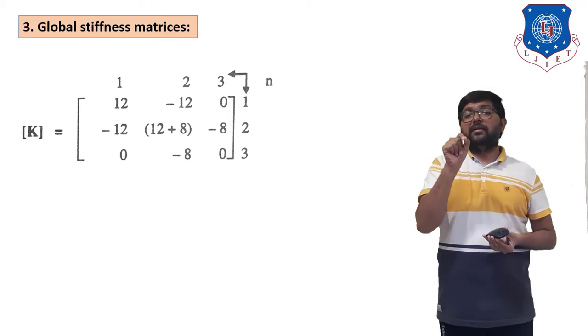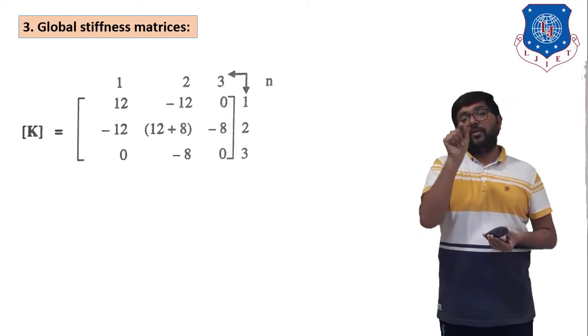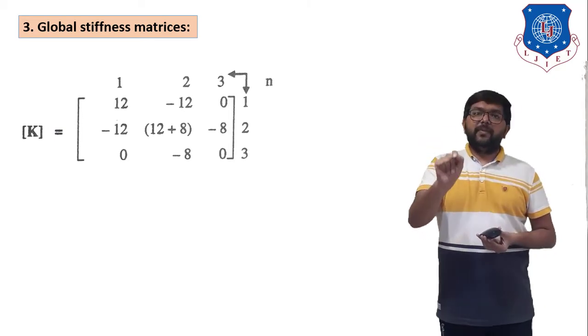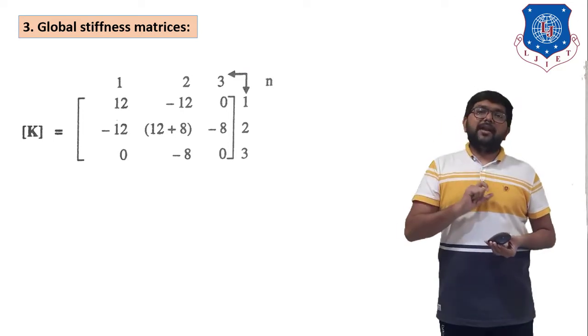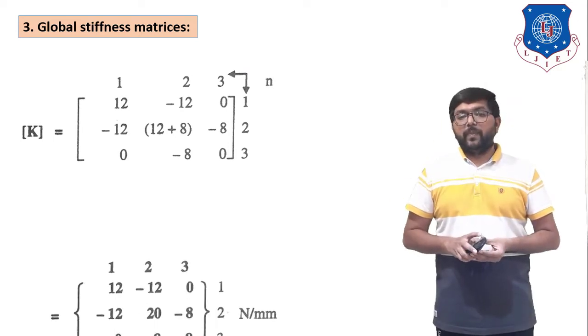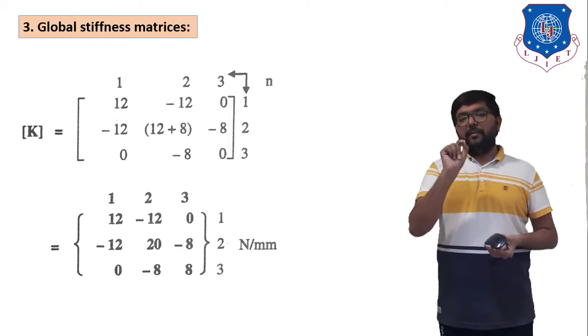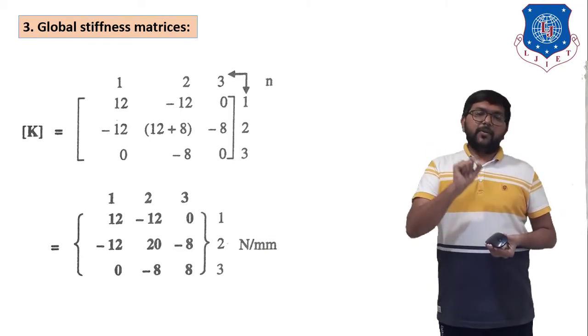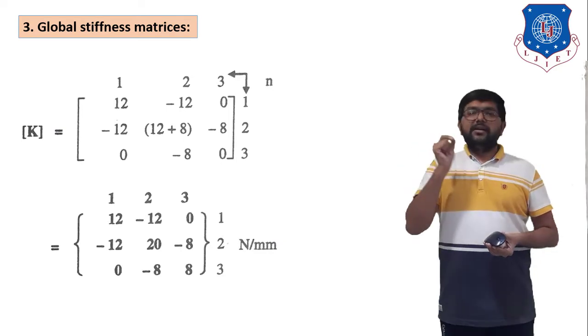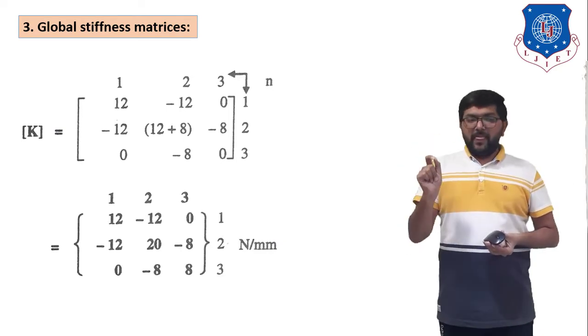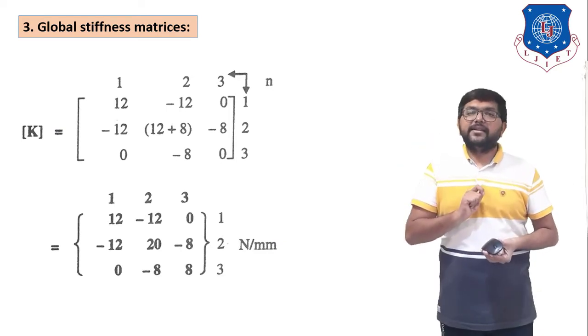The remaining values of the matrix, where we have no value, we consider as 0. Clear? So this is the final output of the global stiffness matrix: 12 minus 12 0, minus 12 20 minus 8, 0 minus 8 8. So this is the global stiffness matrix.